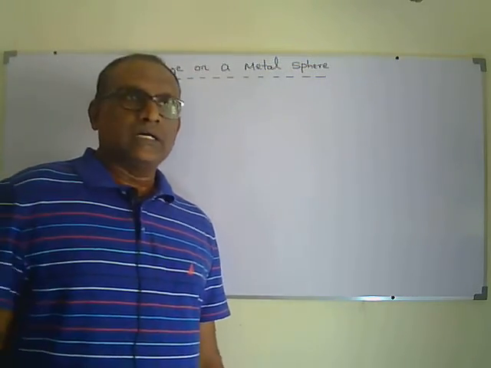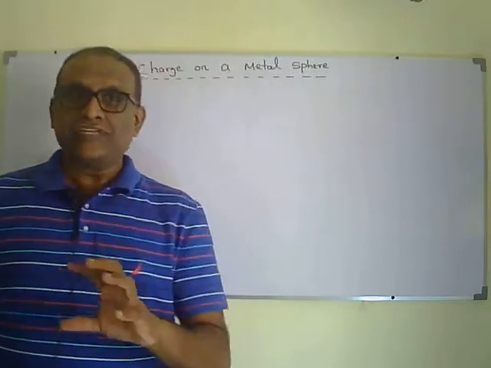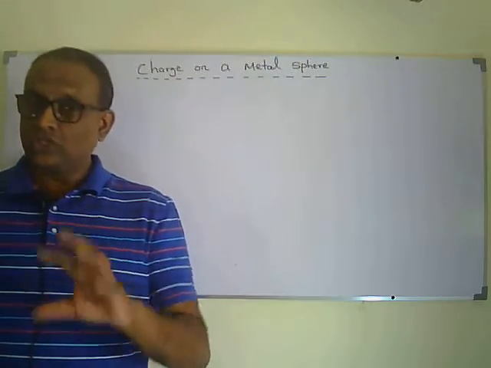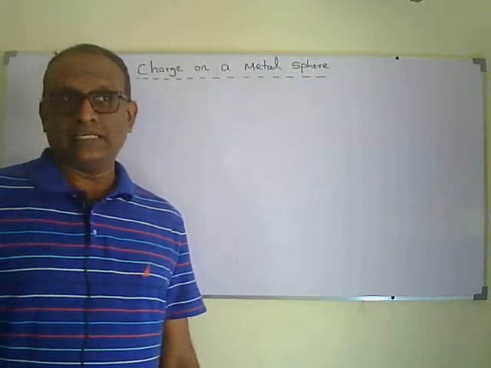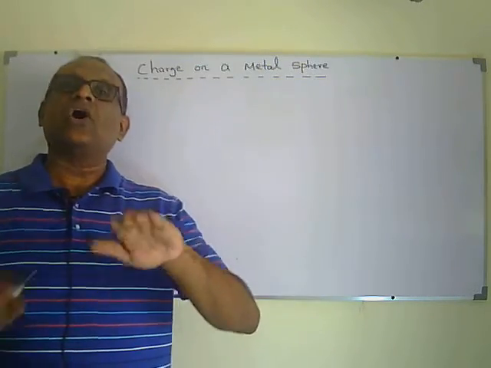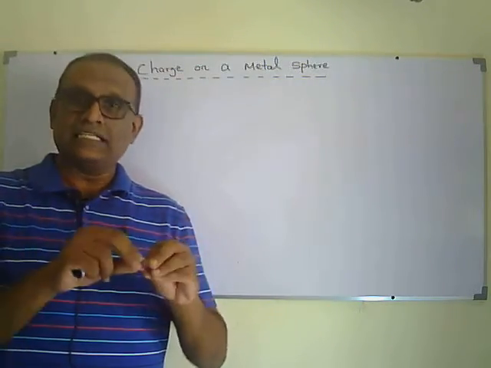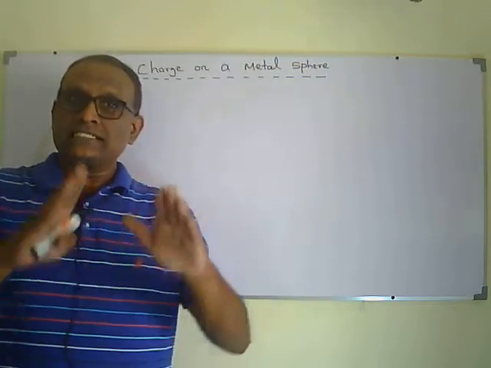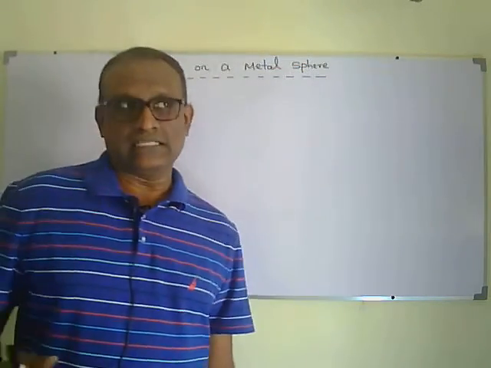Now when you charge a solid metal sphere, not a hollow one, what happens? The charge will stay on its surface. It never stays inside the metal sphere. It always stays on the surface of the metal sphere.